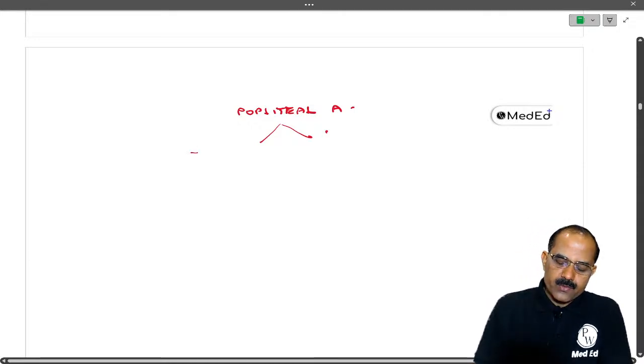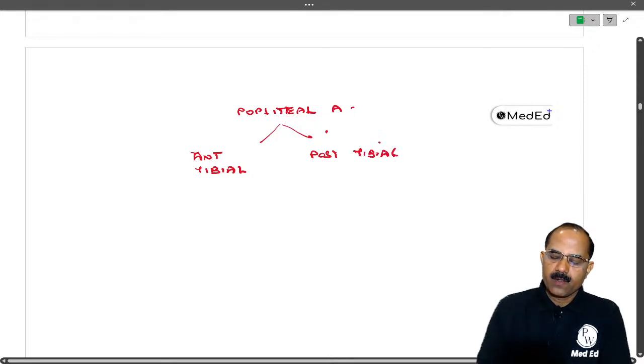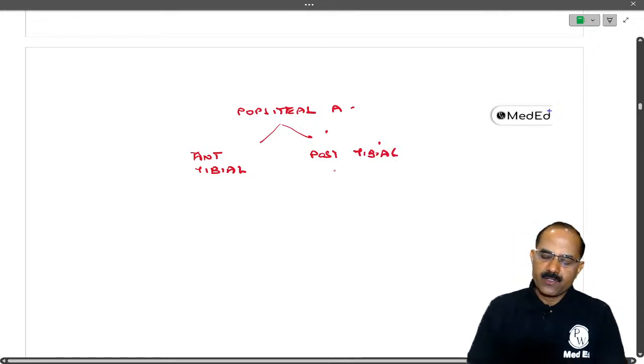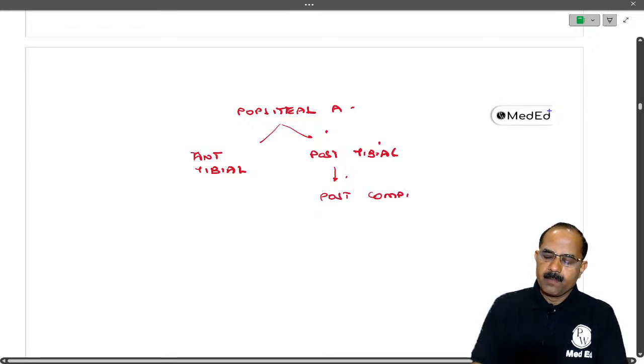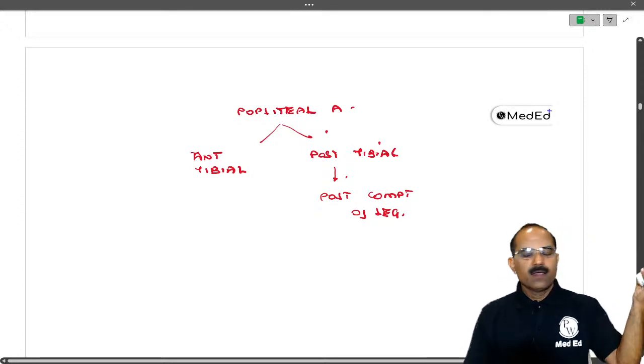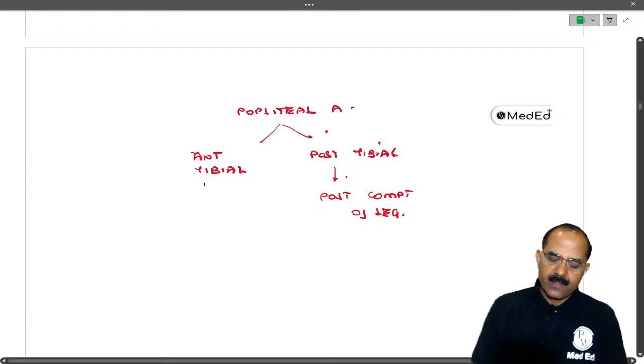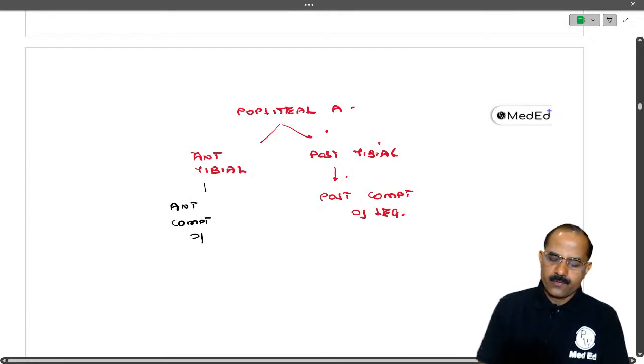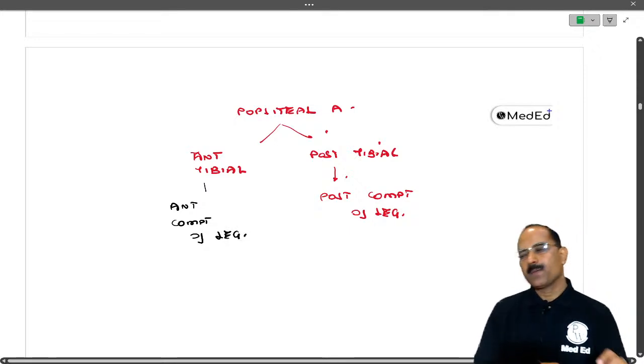Popliteal artery divides into anterior tibial and posterior tibial. हाँ, एंटीरियर टिबियल आर्टरी, पोस्टीरियर टिबियल आर्टरी. जो पोस्टीरियर टिबियल आर्टरी है ना, वो कौन से कंपार्टमेंट में जाती है? पोस्टीरियर कंपार्टमेंट ऑफ द लेग. एंटीरियर टिबियल आर्टरी कहाँ जाती है? एंटीरियर टिबियल आर्टरी गोज टू द एंटीरियर कंपार्टमेंट ऑफ द लेग.